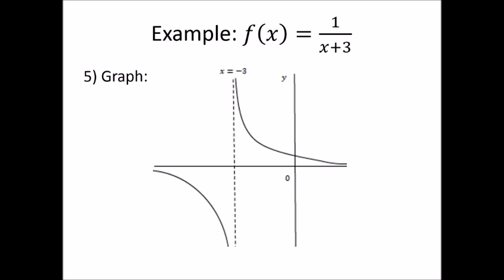And so the graph that we would draw would have a vertical line showing the asymptote at x equals -3. We should have a label on the horizontal asymptote at y equals 0. We should also have a label on the y-intercept of y equals 1/3.